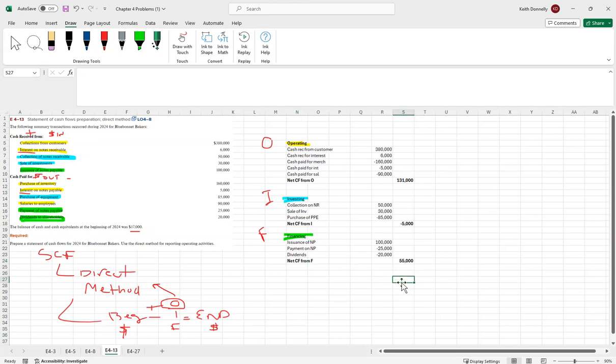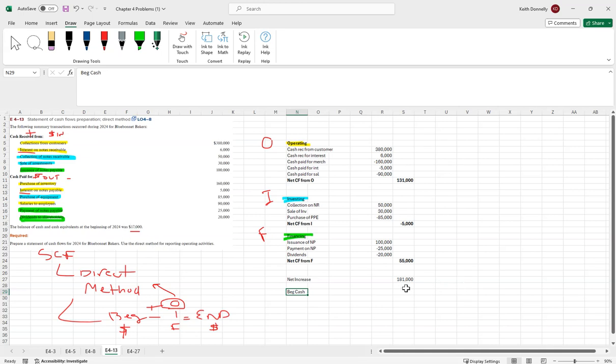So if we were to add together our operating, investing, and financing, we're looking at a net increase there. That's 181. We then talk about our beginning cash.